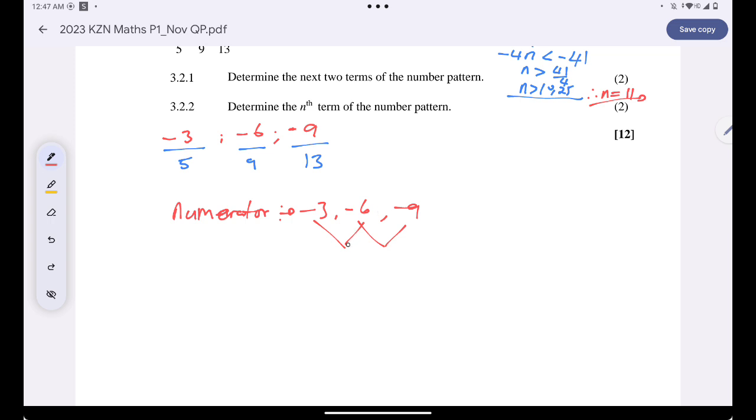If I check here, my difference is negative 3. So I'll have a negative 12 and a negative 15. So these will be the next two numerators that I'll have. Are we together? Negative 12 and negative 15.